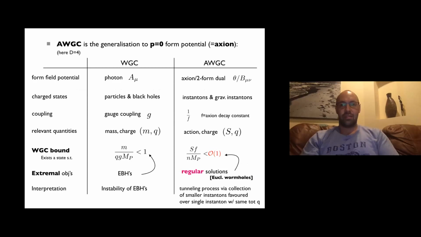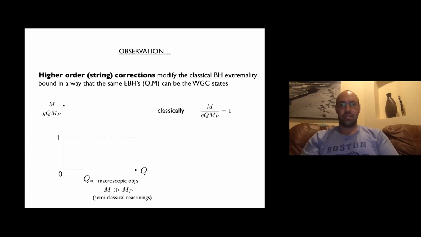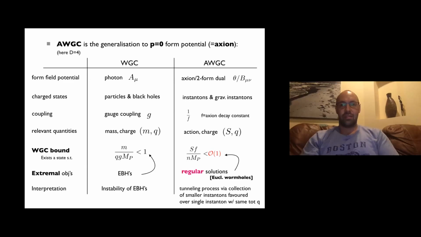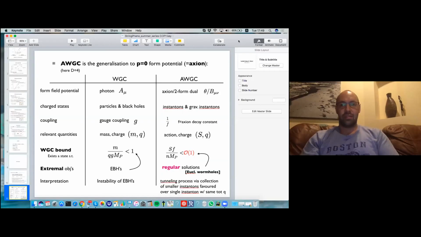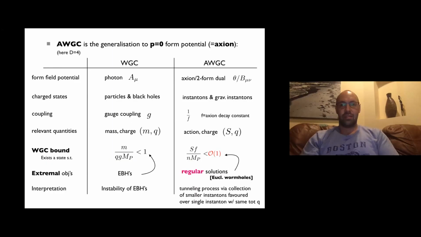The standard one-form photon gets replaced by the axion, or in its dual formulation by a two-form.